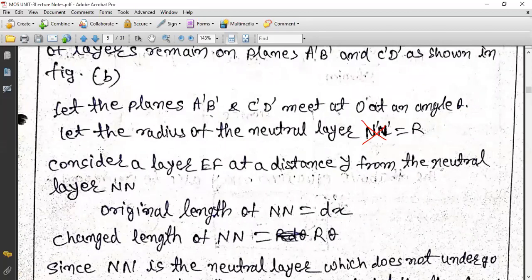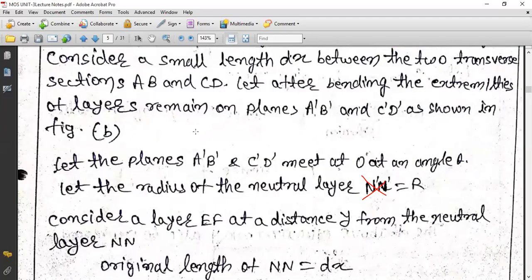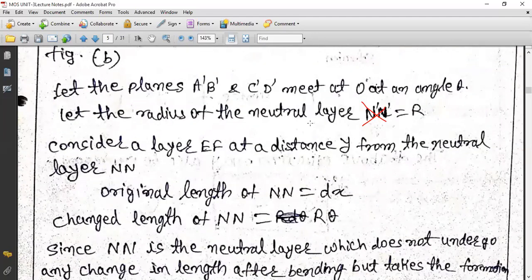You have to consider the radius of the neutral layer R, and we have considered one layer EF at a distance y from the neutral axis NN.